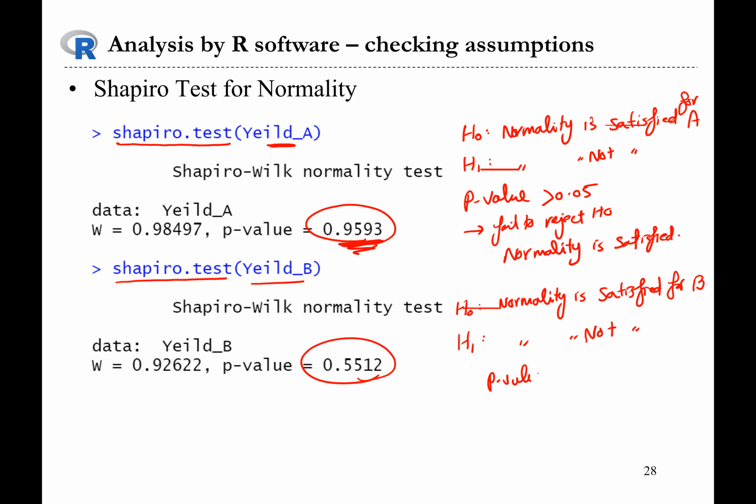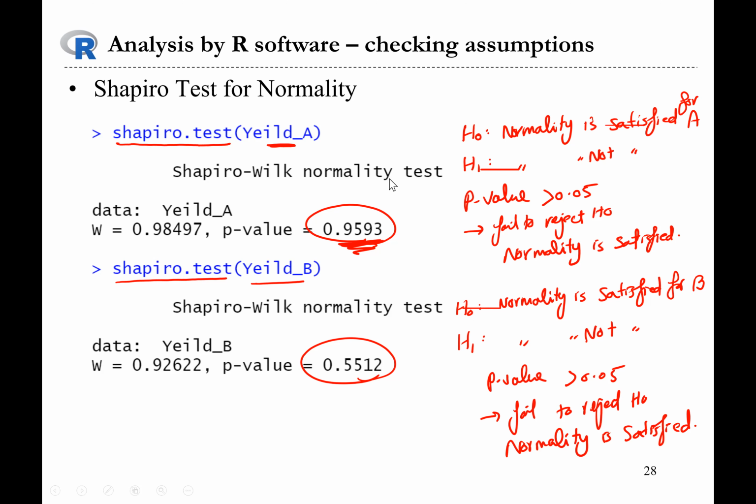So p-value greater than 5%, so we fail to reject H0. So normality is satisfied. So the assumption is satisfied, so our conclusion is fine. So now we can say that the two fertilizers are the same in terms of the average yield at significance level 5%, because the assumptions of our data are satisfied.